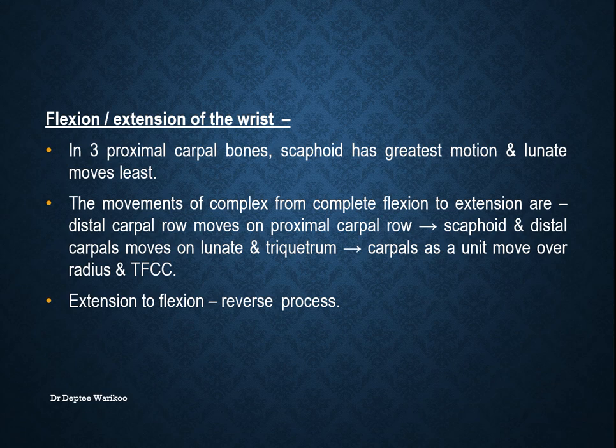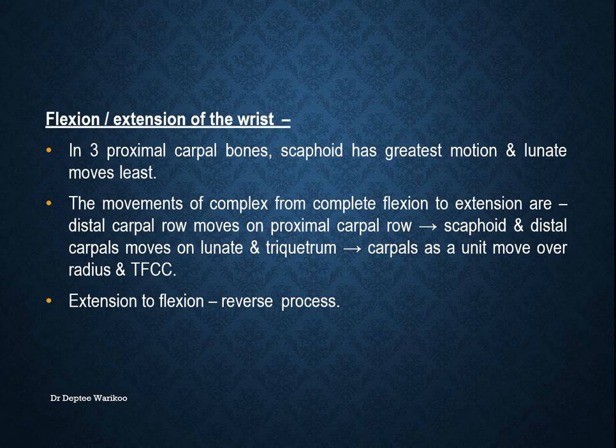The active extension is initiated at the distal carpal row and at the firmly attached metacarpals by wrist extensor muscles attached to those bones. The distal carpals, which are the capitate, hamate, trapezium, and trapezoid, glide on the relatively fixed proximal bones.